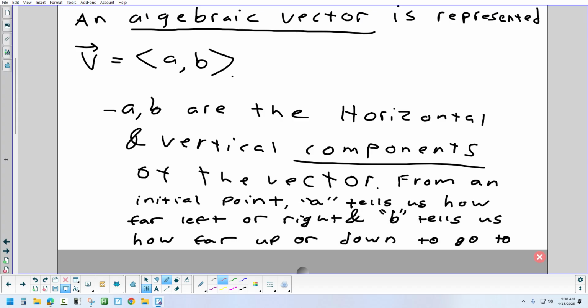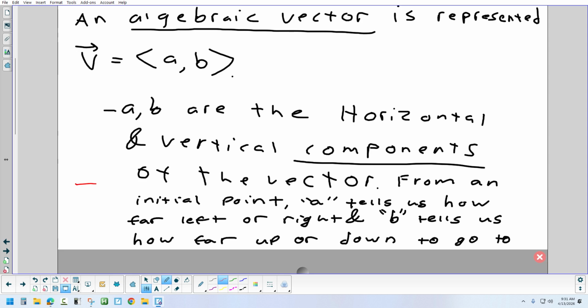So you can kind of think of the A and the B as directions. Starting from somewhere, say we start right there, A tells you from that point how many units you go left or right. Left would be a negative value for A, right would be a positive value.